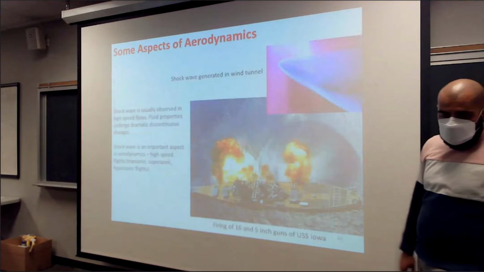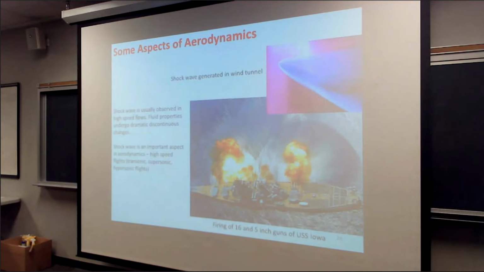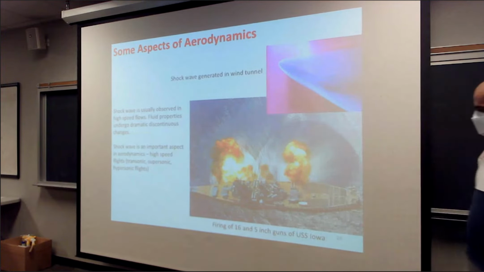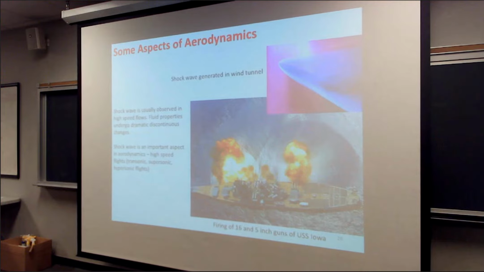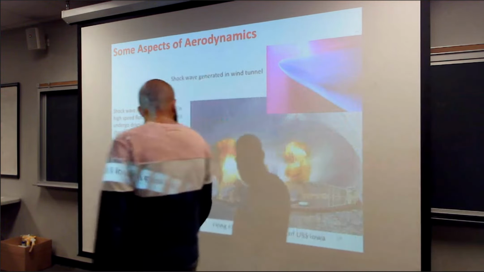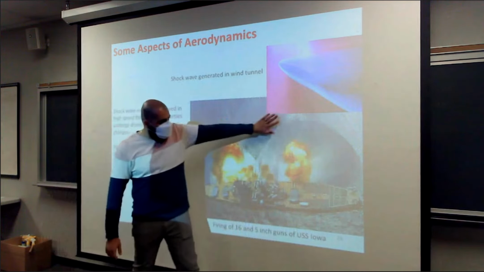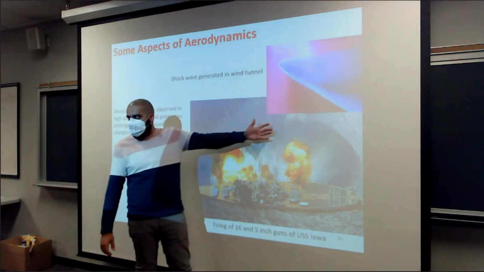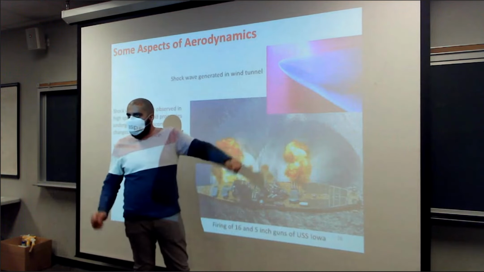Other examples of shock waves or pressure waves: this one here. We see these guns firing on the USS Iowa. You see the movement of water here. This is the pressure wave propagating on the surface of the water.